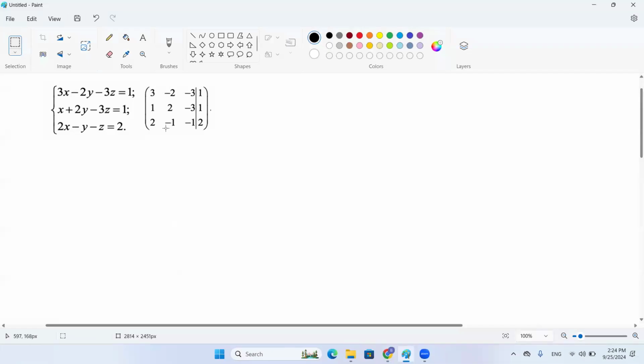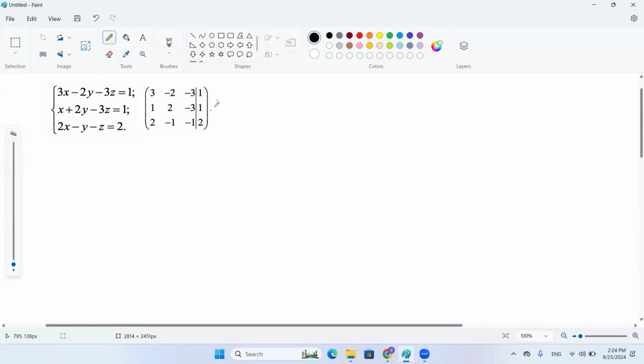It is the extended matrix. On the left side we have coefficients for our variables, and this column that extends the matrix is just a column of free coefficients.